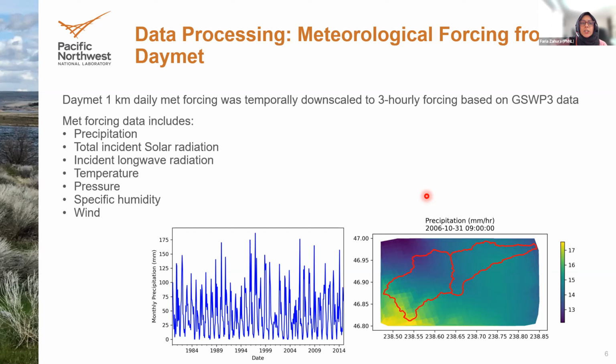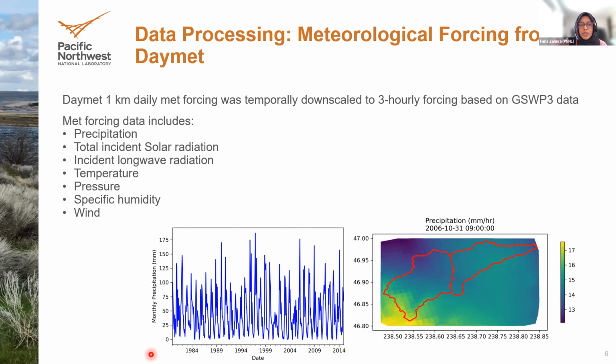This data includes precipitation, total incident solar radiation, longwave radiation, temperature, wind, specific humidity, and pressure. If anyone uses NLDAS, there are a lot of options for meteorological forcing. There is also NLDAS, which has hourly meteorological data, but it's coarser compared to this Daymet data. It's like 12 kilometers.